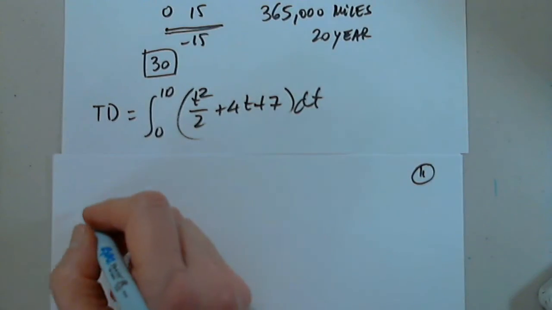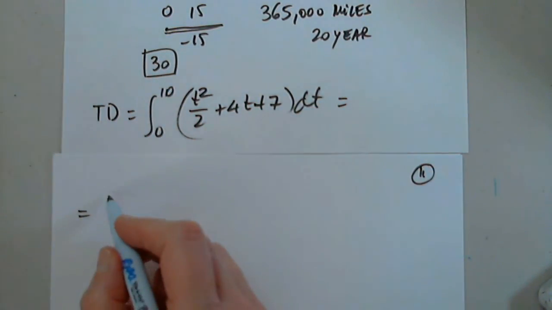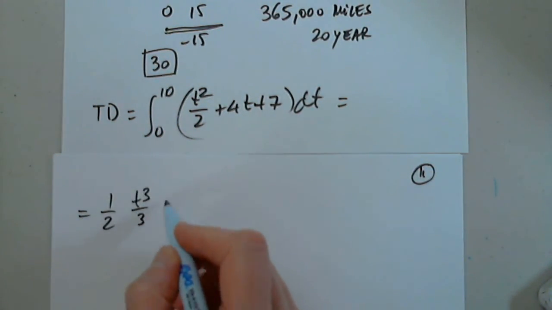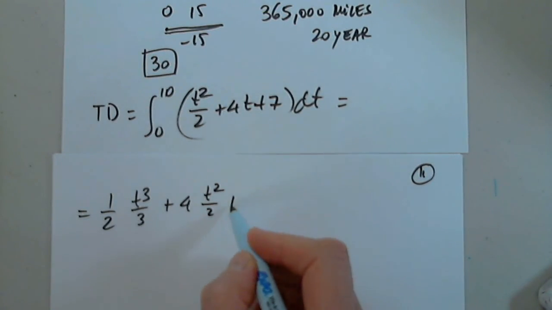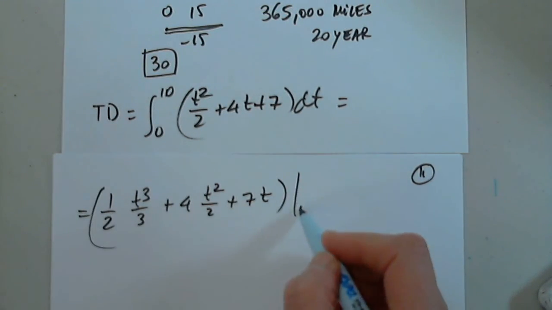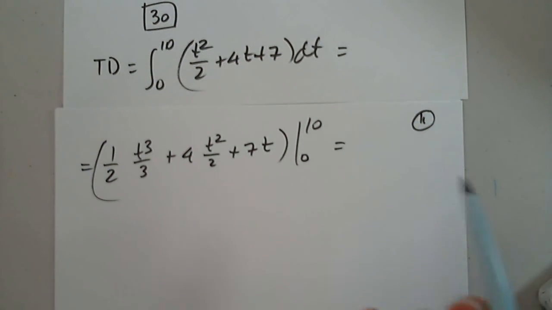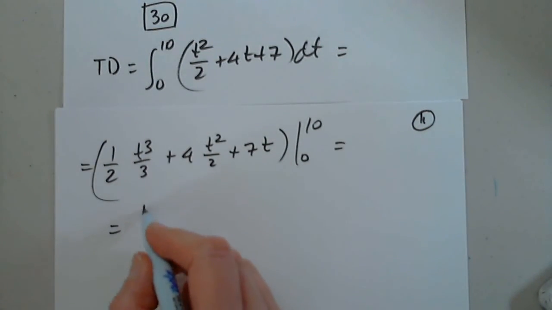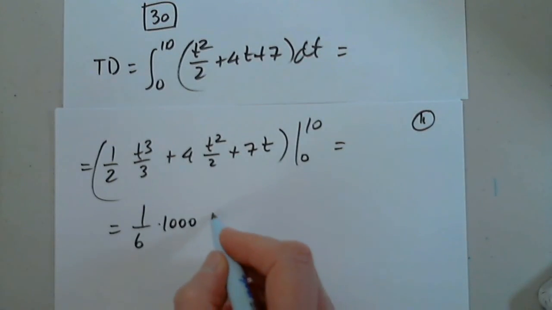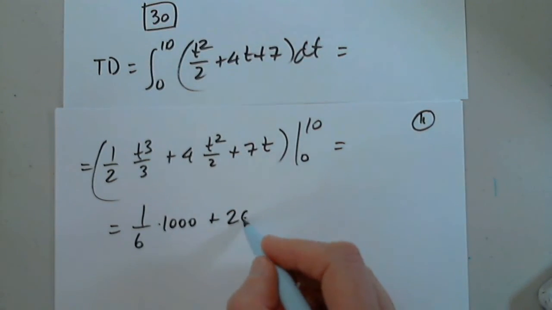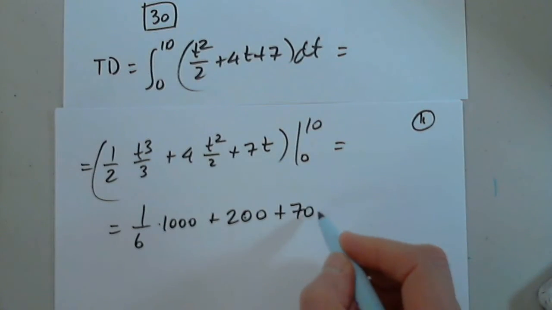But you understand the difference, right? So this is 1/2 t to the third over 3 plus 4 t squared over 2 plus 7t from 0 to 10. I love 0 as the lower limit because I don't have to do anything, just plug in 10. So 1/6 of 1,000 plus 200 plus 70.